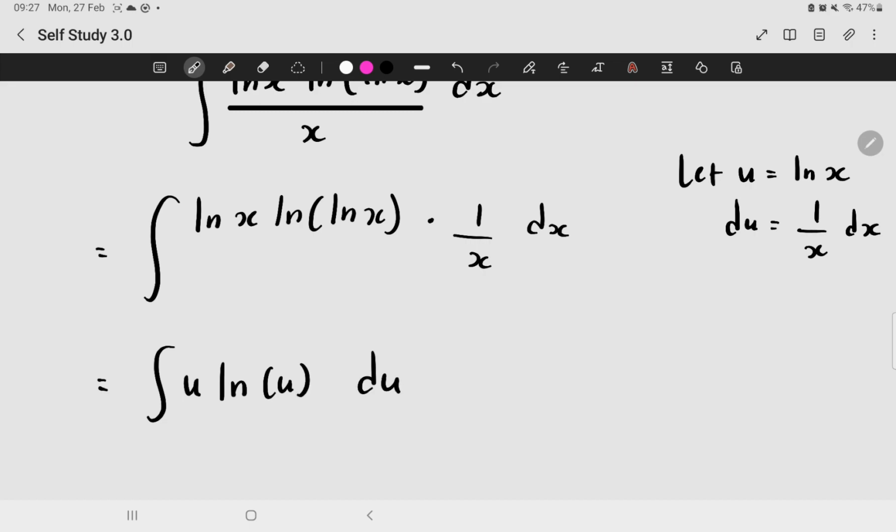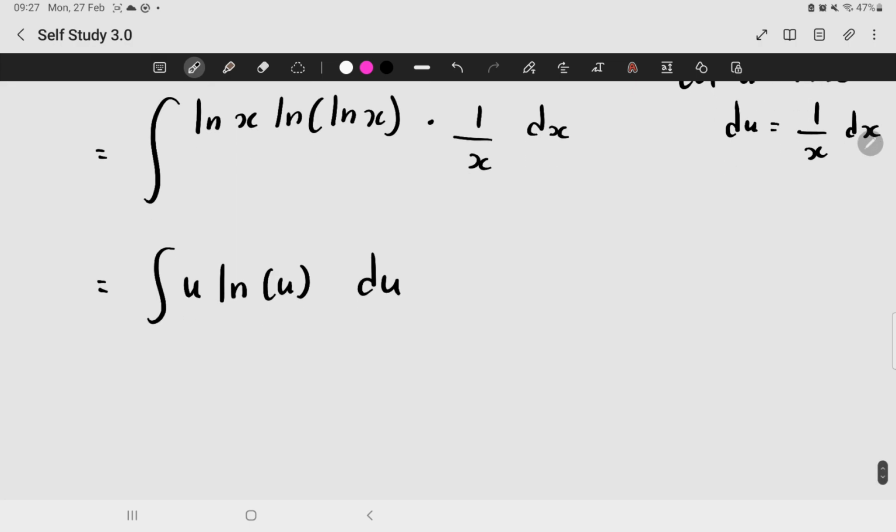Right? So now the next step here is we have to use integration by parts, or IBP for short. And by referring to this LIPET, I think there is another acronym for it, but basically this is the arrangement of which one you want to let as u. L represents logarithm, P will be polynomial, E exponential, and T will be trigonometry.